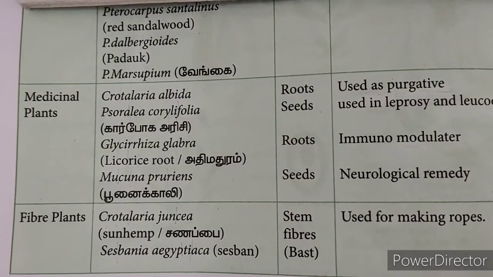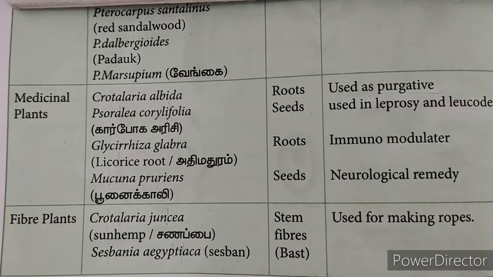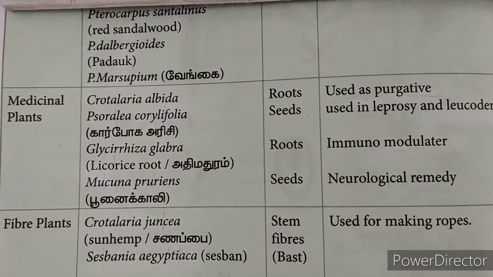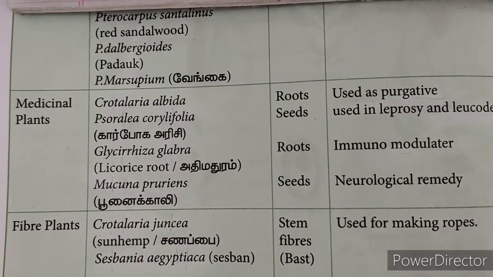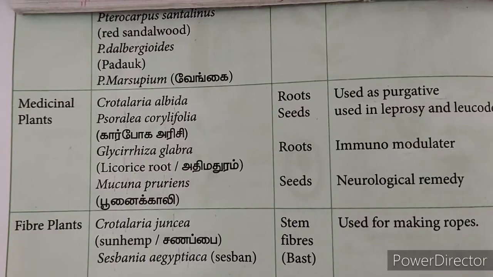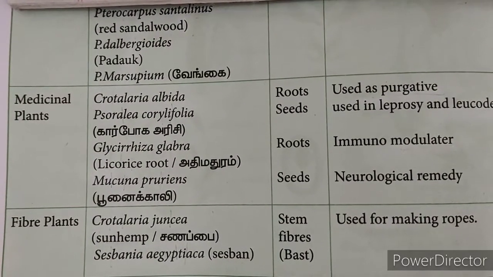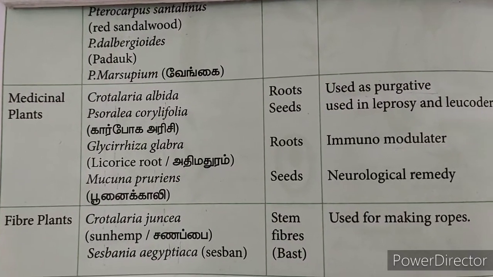The family Fabaceae also produces certain medicines which cure certain diseases and disorders. The plant Crotalaria albida, the roots of this plant are used as a purgative, which is also used for dysentery, to clean the stomach.